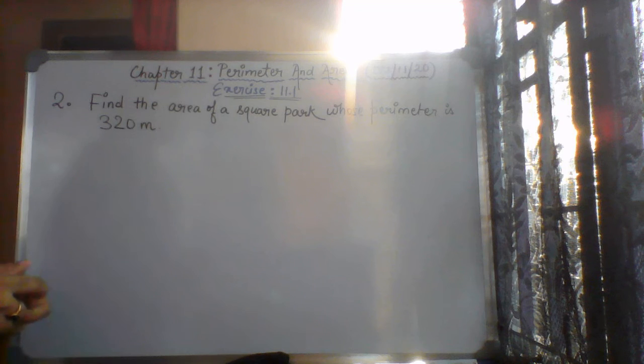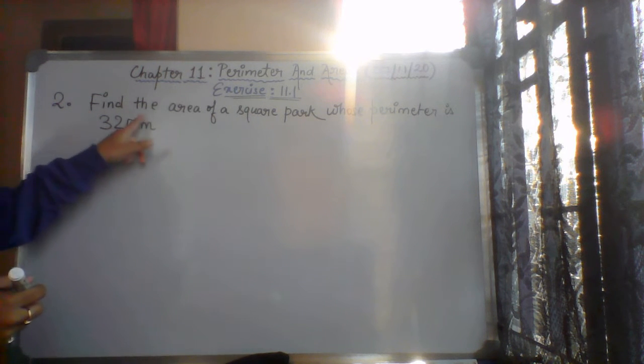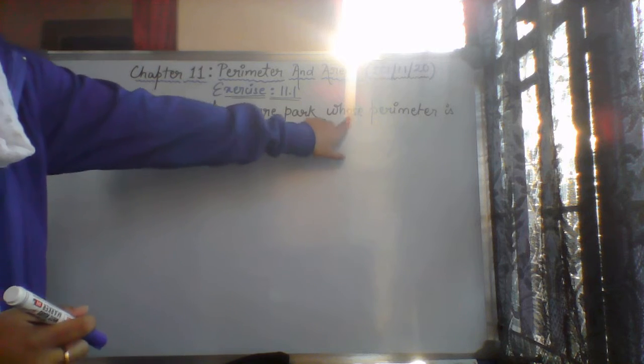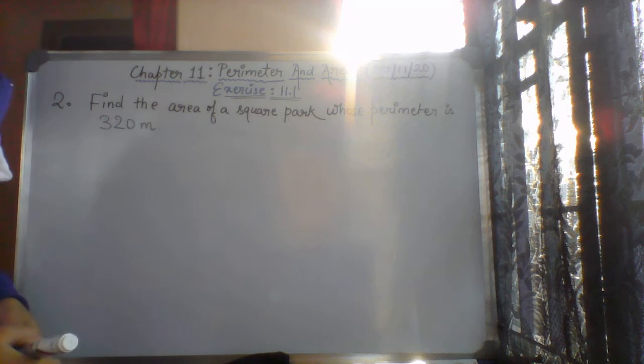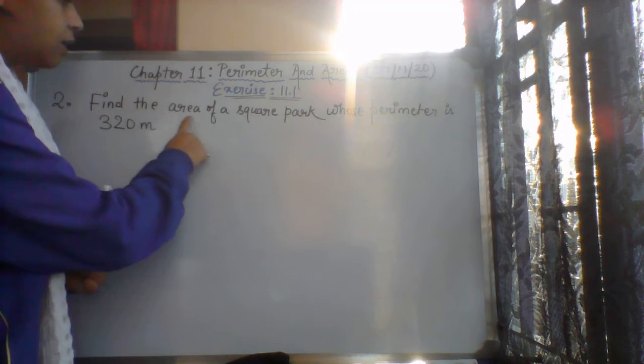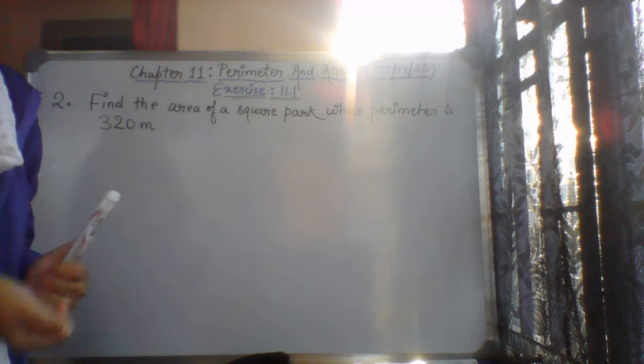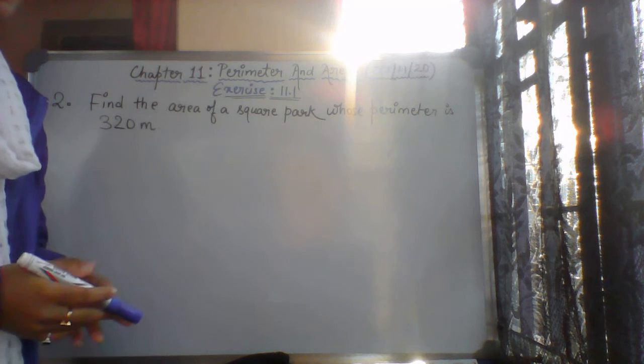Next is another practical example. Here you see: find the area of a square park whose perimeter is 320 meter. So we are going to calculate the area of the square park. You will be thinking, we need the area of the square, so we will simply do side into side.